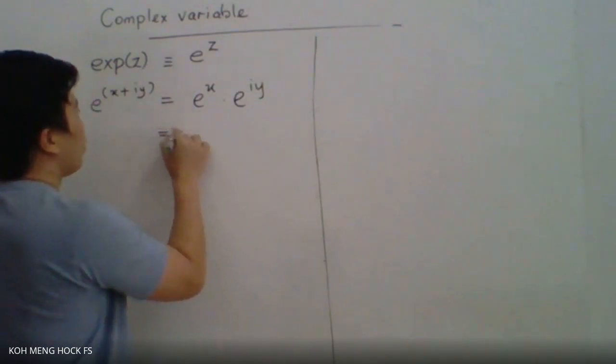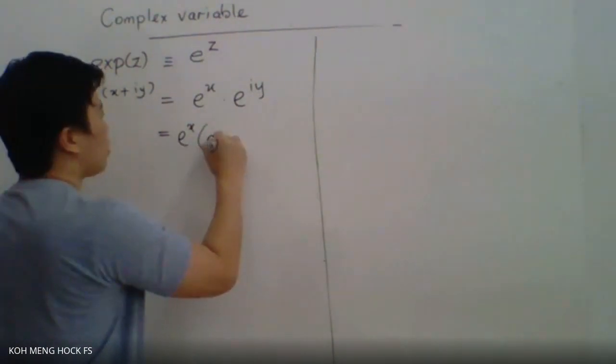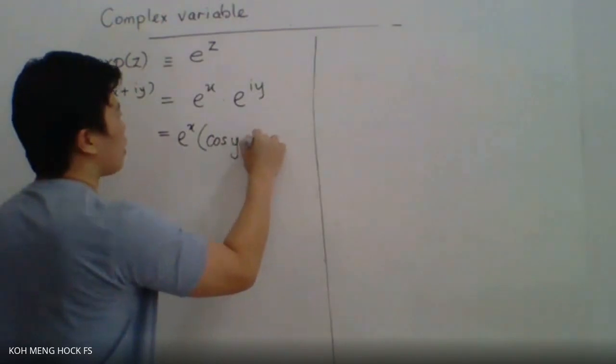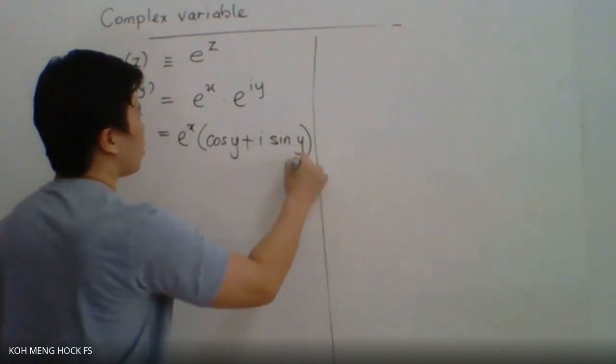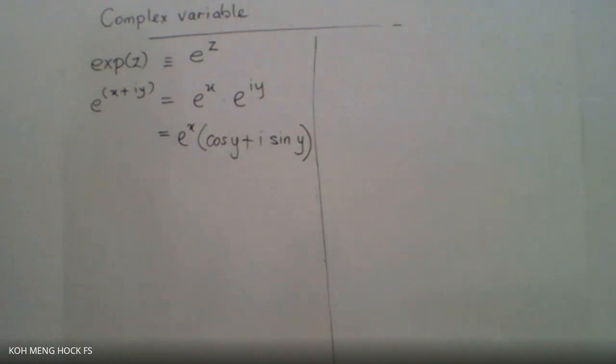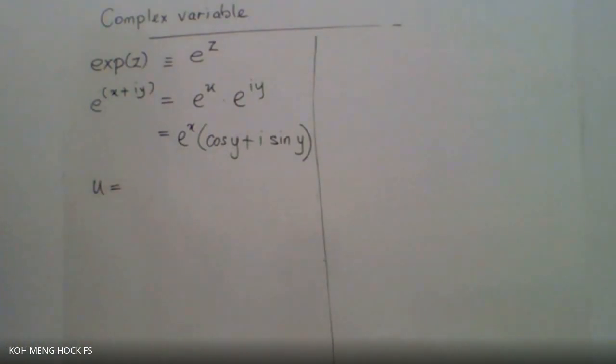So this is e to the x, and this is cos y plus i sine y. So what is u? Let's talk about u. u is going to be e to the x cos y.